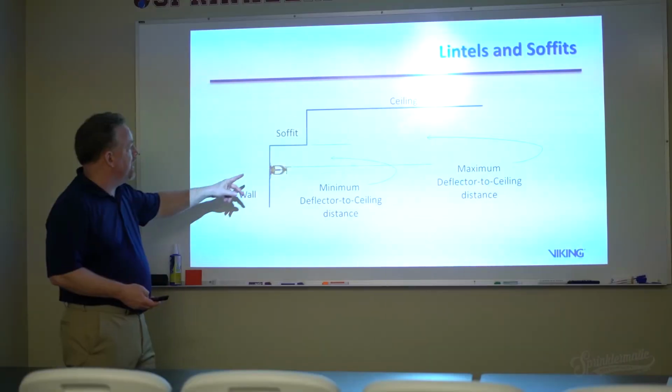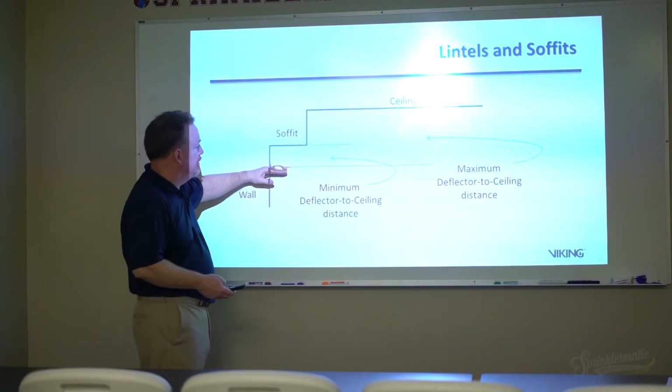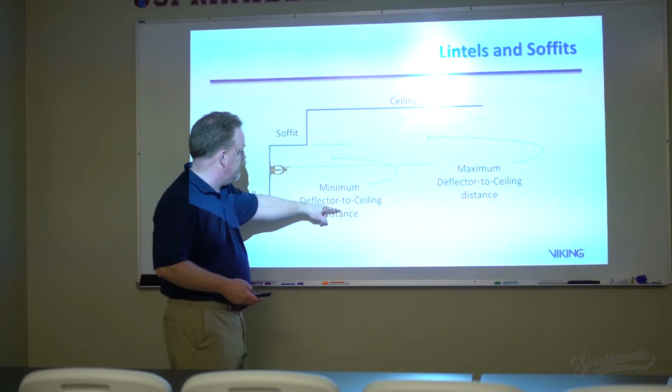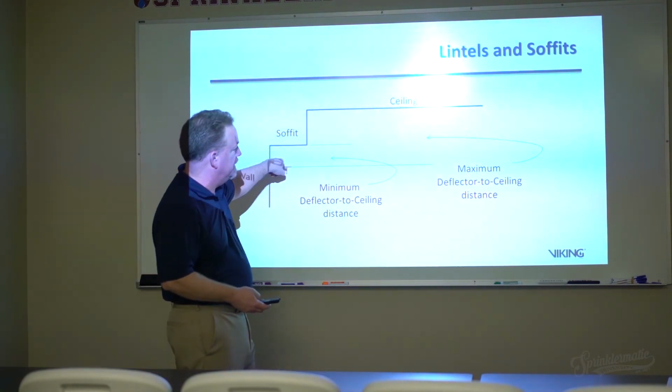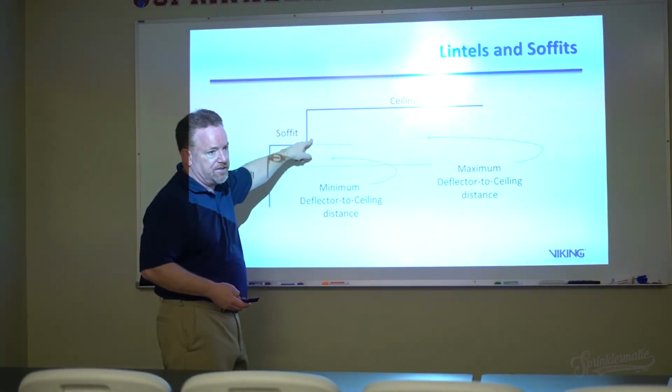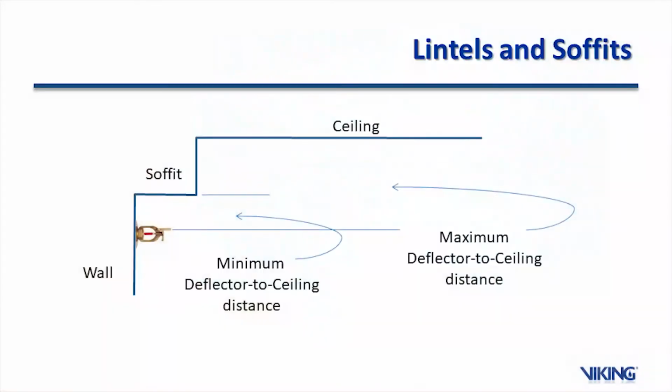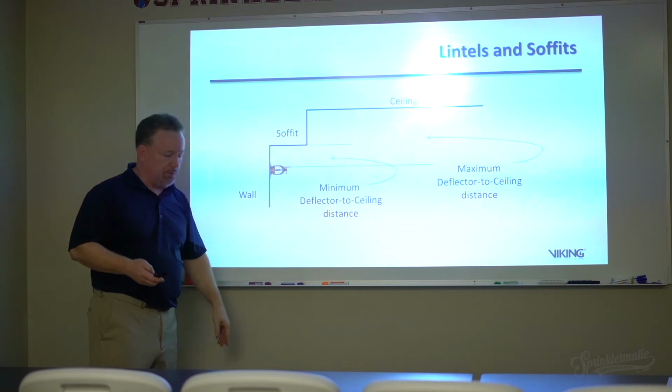All right, what if we have a soffit up above and we're not feeding it with a sprinkler? In this case, we have the minimum deflector distance to the ceiling and the maximum deflector distance to the ceiling, and whatever those distances are is what we have to comply with.